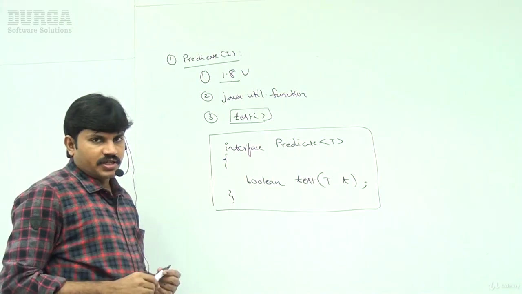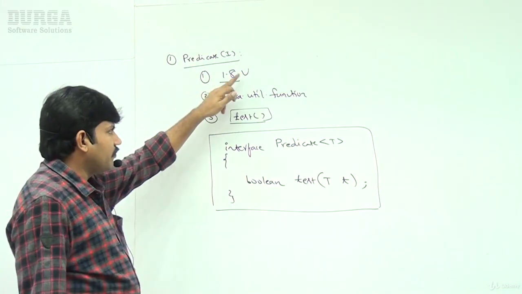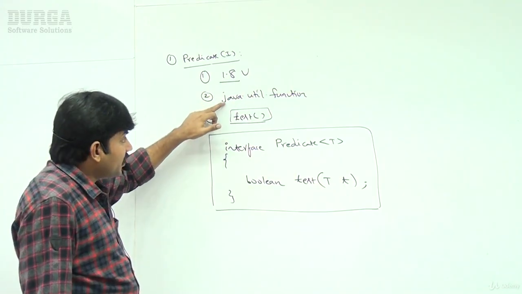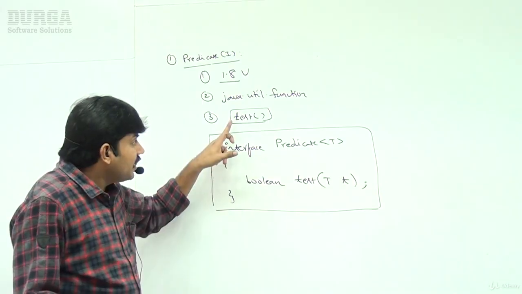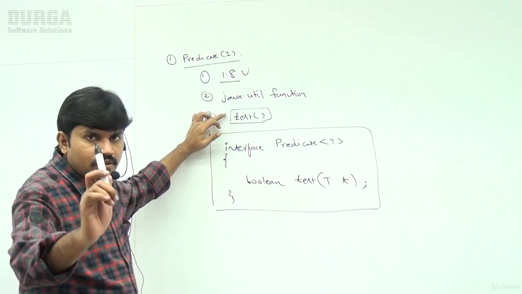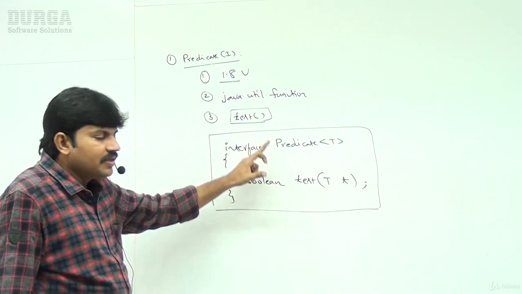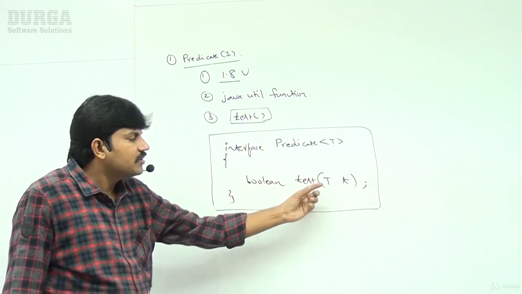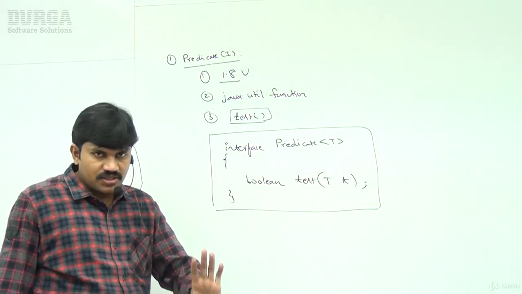So let me repeat once again. The Predicate interface was introduced in the 1.8 version. The Predicate interface is present in the java.util.function package. Next, the Predicate interface contains only one abstract method. What is that method, sir? The test method. The test method can take some input argument and it will perform some conditional check.